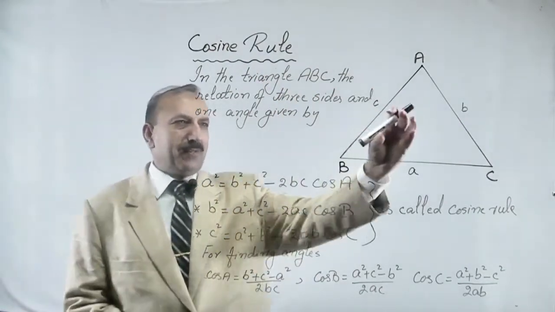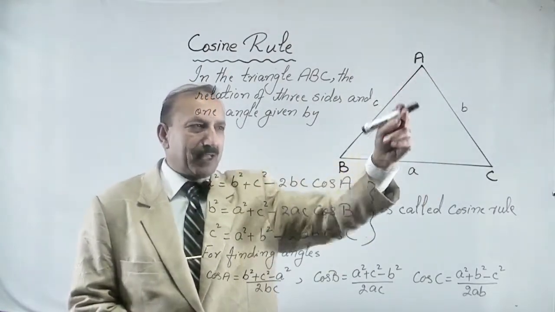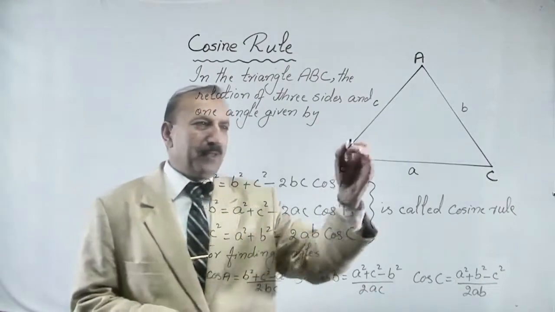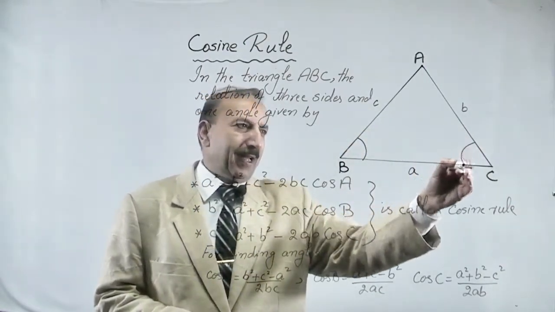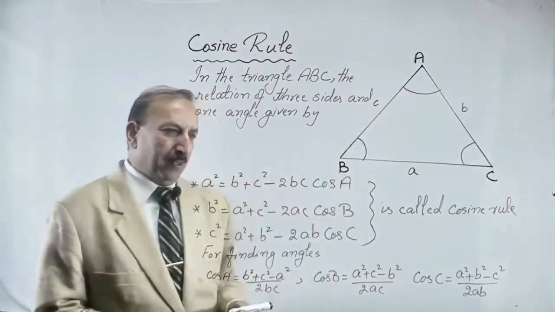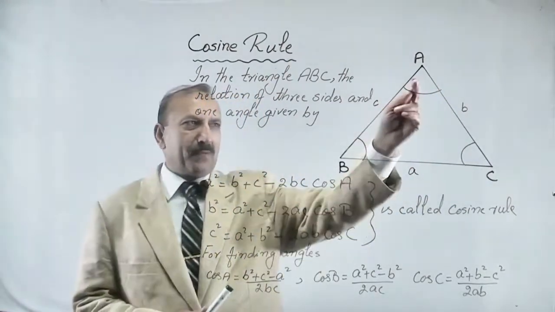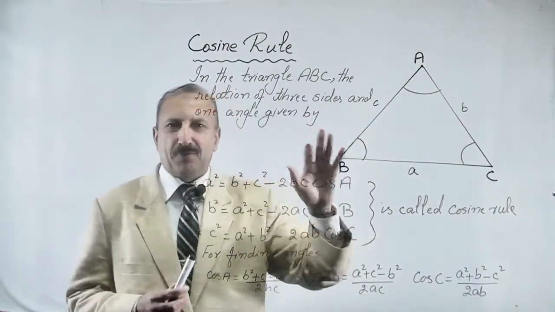Here is a triangle ABC, and the respective sides are labeled by small alphabets and the vertices are labeled by capital English alphabets. So angles are represented by capital alphabets and the sides by small alphabets.